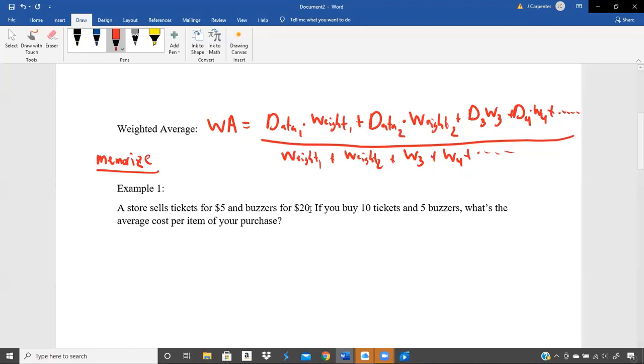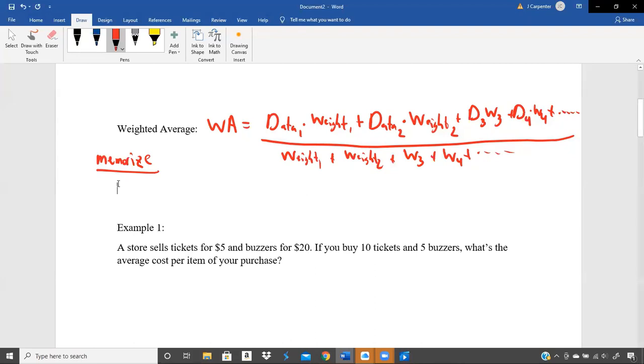Now that aspect is extremely important, that your answer for any type of average has to be higher than the smallest amount and lower than the highest amount. In fact, I'm going to write that down above the example. Again, just as a very important memo.